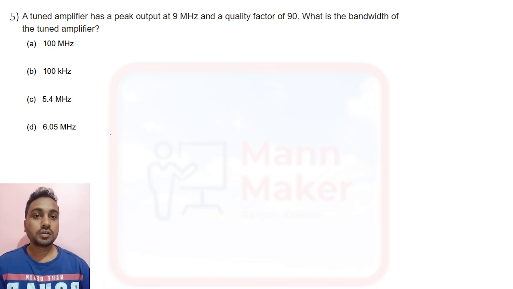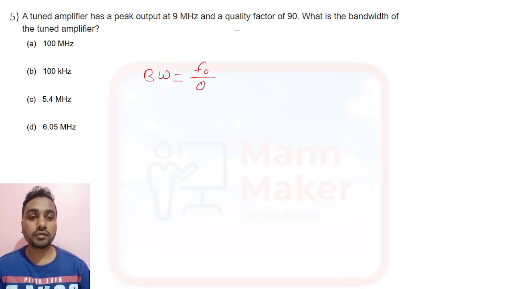Now, a tuned amplifier has a peak output at 9 megahertz with a quality factor of 90. What is the bandwidth of the tuned amplifier? We are given the quality factor and they ask about bandwidth. So what is the relation between quality factor and bandwidth? Bandwidth equals f naught divided by the quality factor.